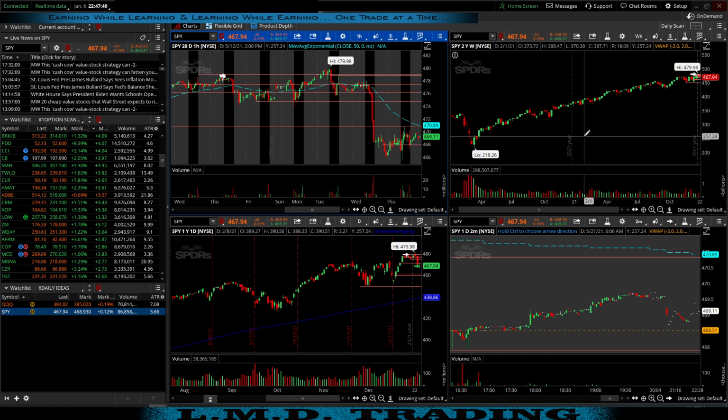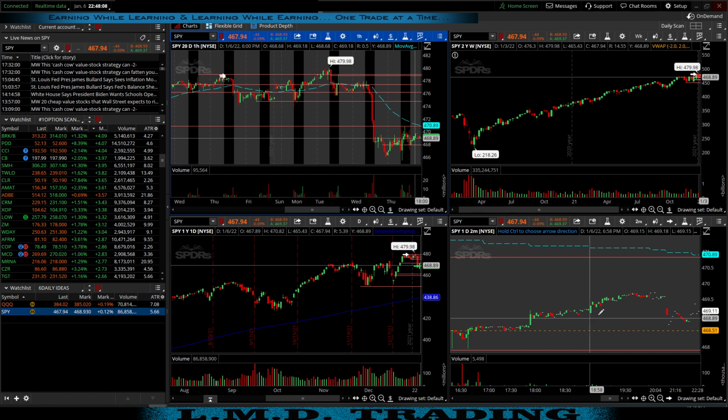Actually, I probably never really use it for day trading, but I will use it if I'm trying to find some swing trade ideas, just because it'll give you the long term trend of a stock. So if you're planning on holding it for a week, 2 weeks, a month, you can get an idea on what the trend is doing on a longer time frame.